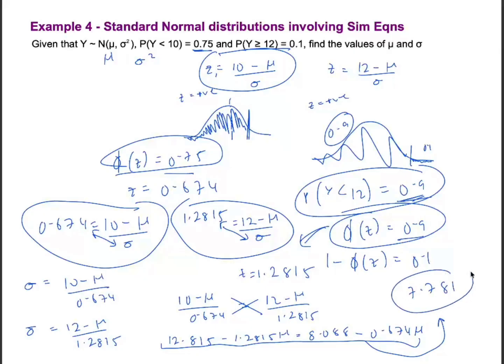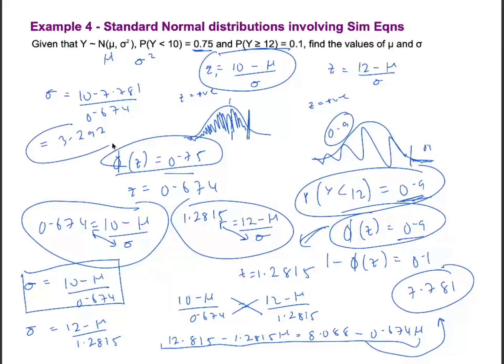That will be our value of mu, and we can put that into our standard deviation formula that we just got when we made sigma the subject, and that sigma will end up becoming 10 minus 7.781 divided by 0.674, which gives us 3.292. That's going to be the value of sigma, and that's going to be the value of mu.